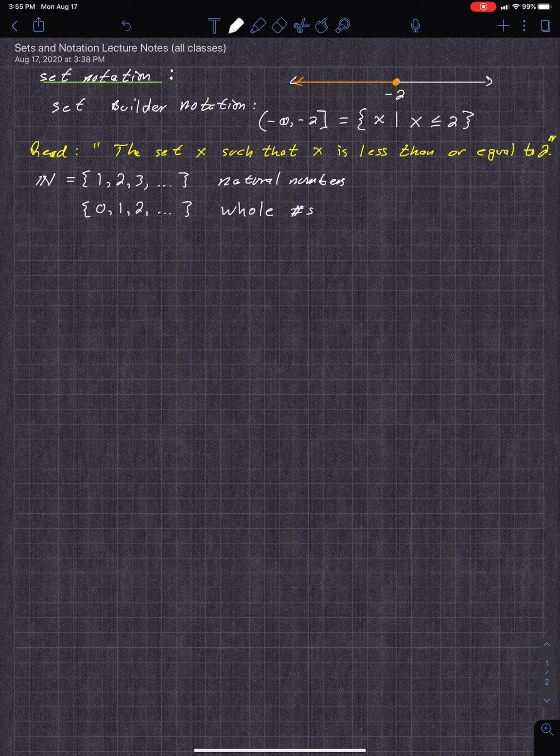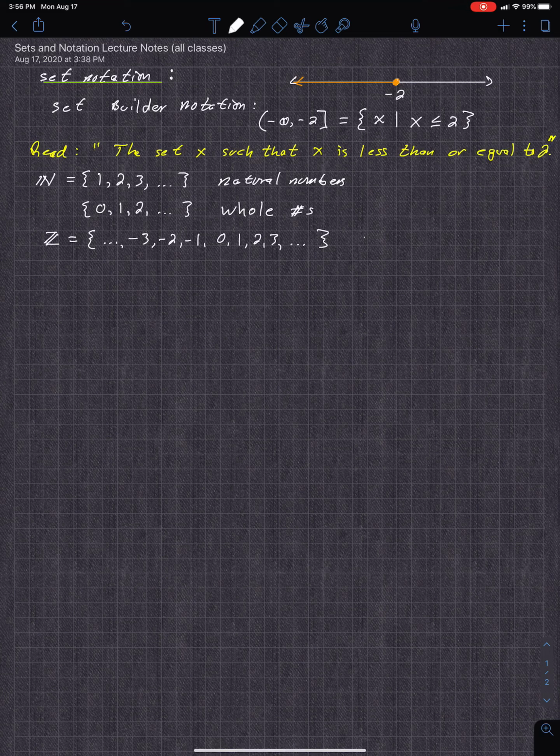So for the integers, they use a Z. So that's now when you throw in the negatives. So it'd be -3, -2, -1, 0, 1, 2, 3, etc. Like that.